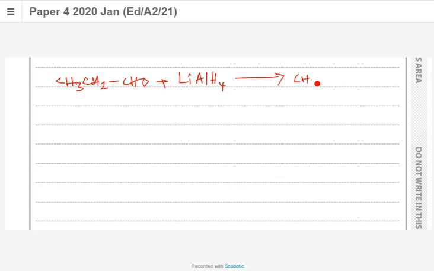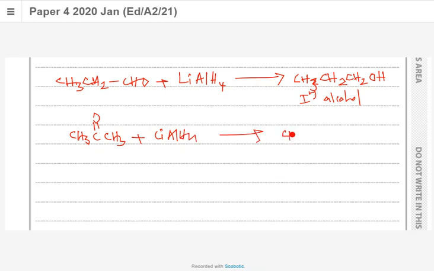You get the corresponding alcohol. This is a primary alcohol. You can write it as primary alcohol, and propanone gives secondary alcohol.